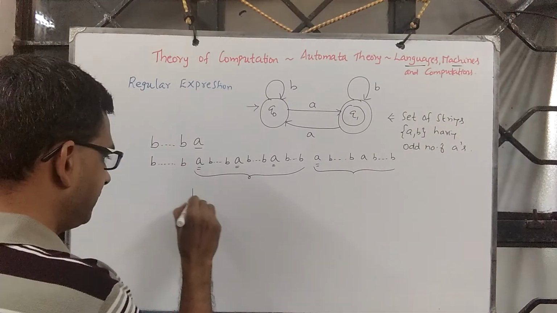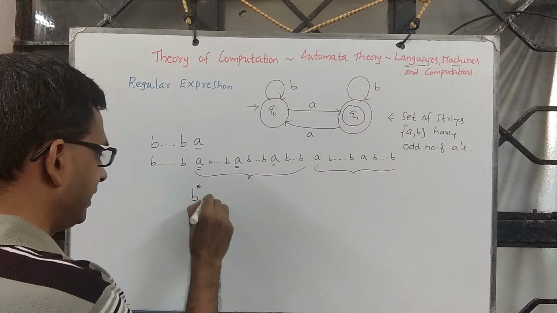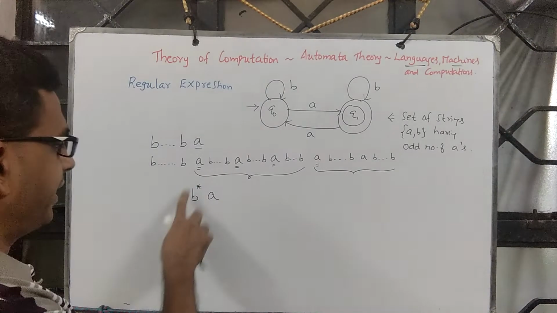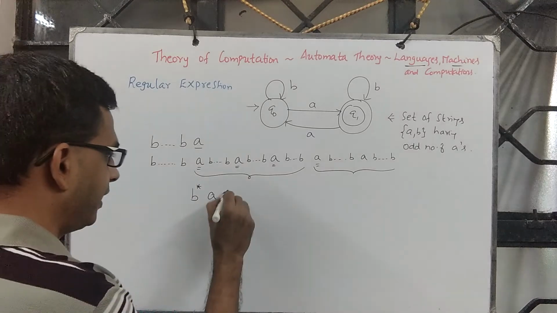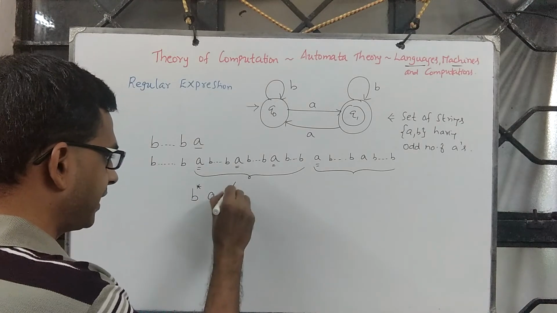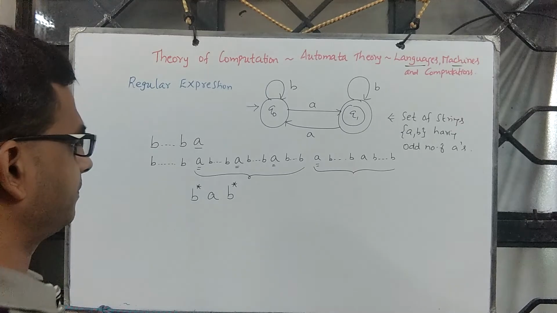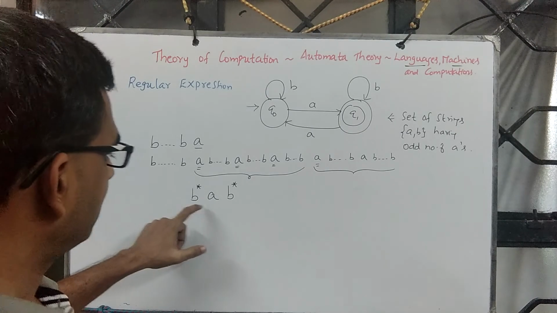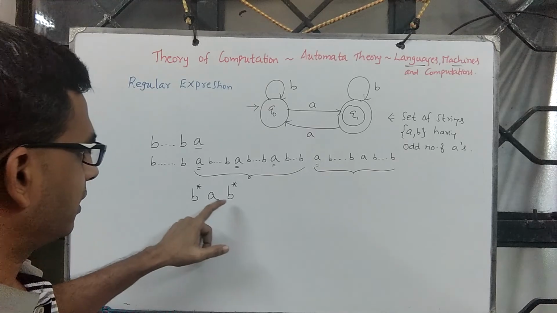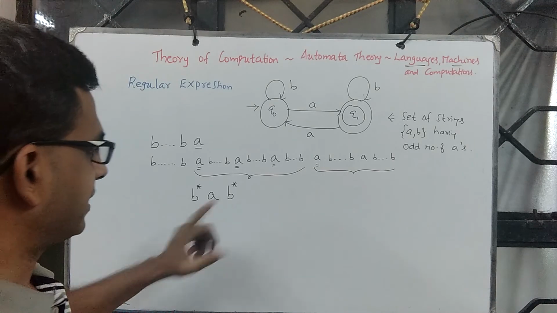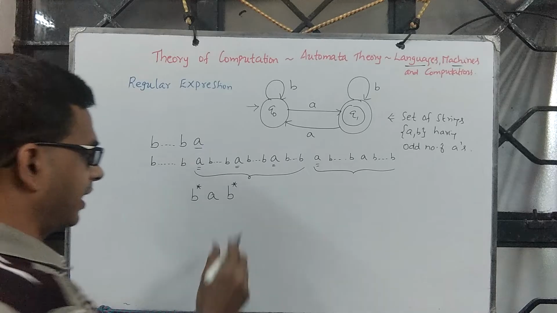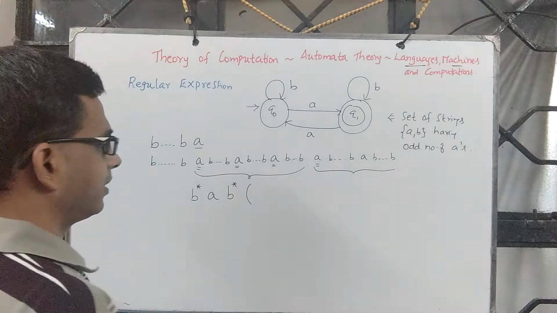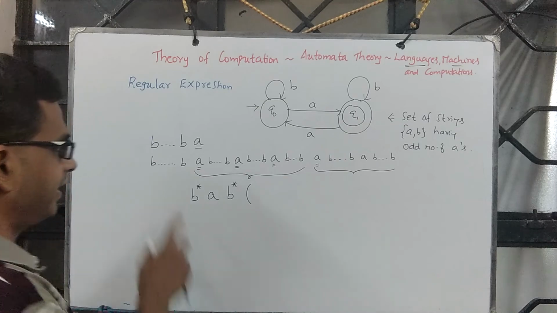So what is the simplest possible thing? It is b* a. Correct? You read this and, followed by it, one can read any number of this. So now b* followed by a followed by b*. After that, you see that the pattern continues, right?